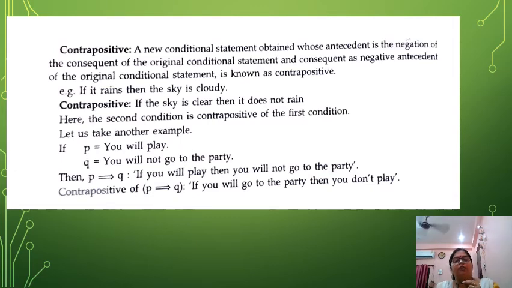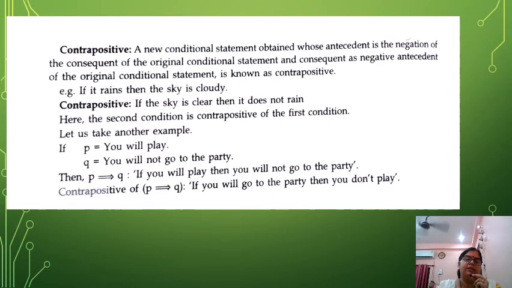Now, if the sky is clear, it is just the reverse of cloudy, then it does not rain. We have to write, if the sky is clear, the negation of the consequent, and then it does not rain.